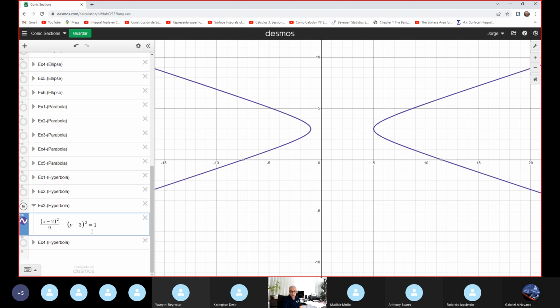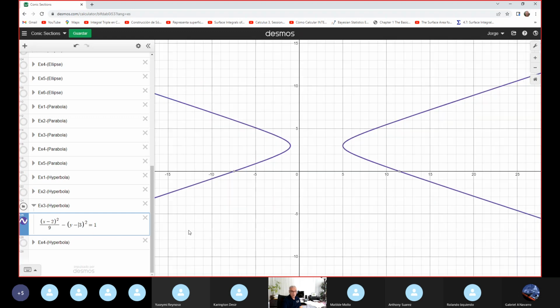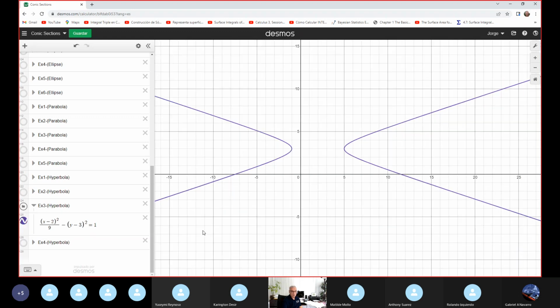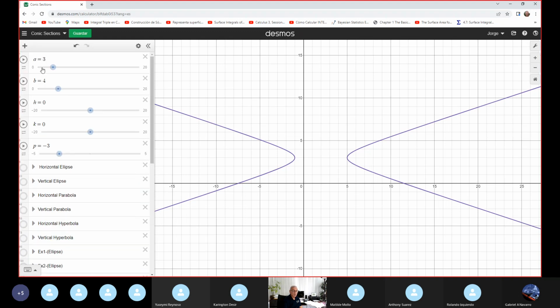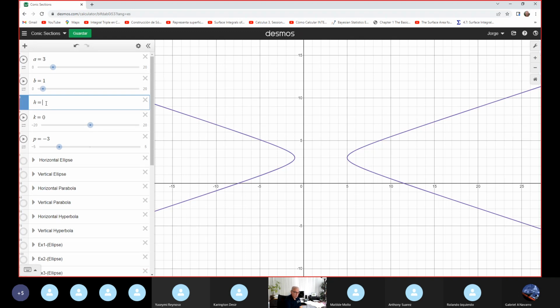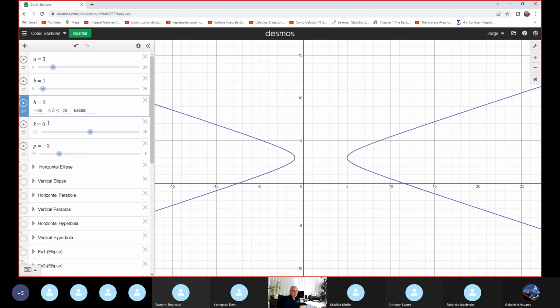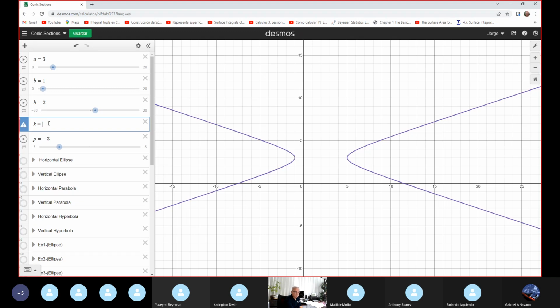Doesn't matter. You can change. Look, this is a perfect table for any condition. Okay, entonces I discover in this example que a is 3, b is 1, h es 2, and k es 3. No negative, no positive.